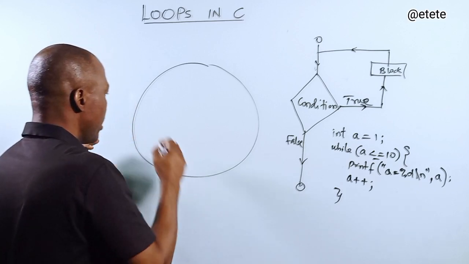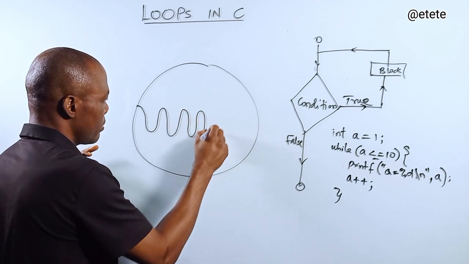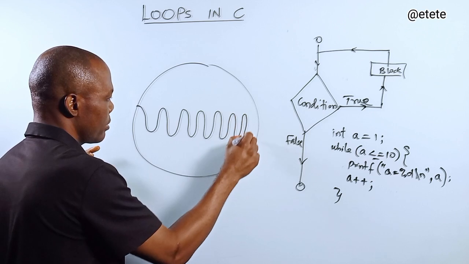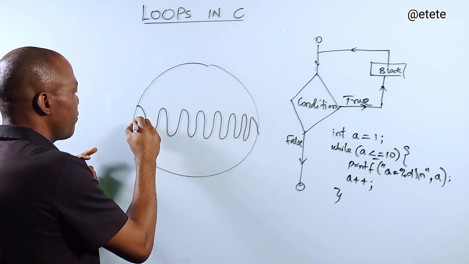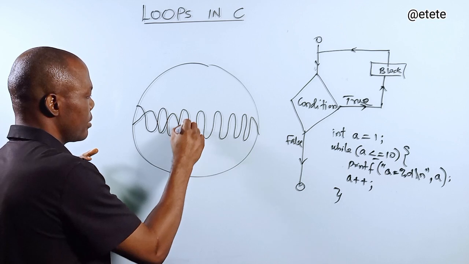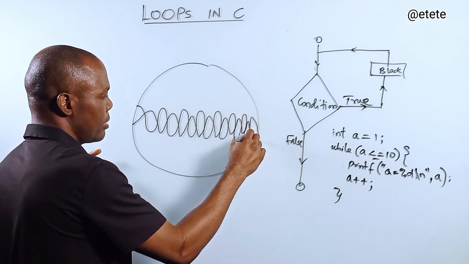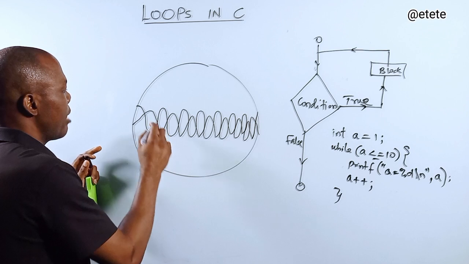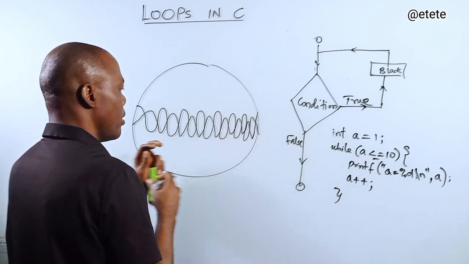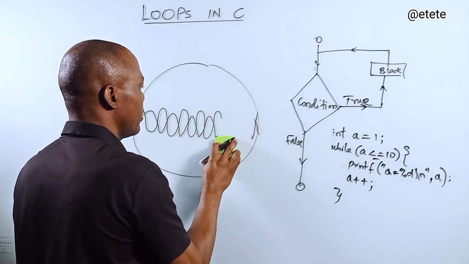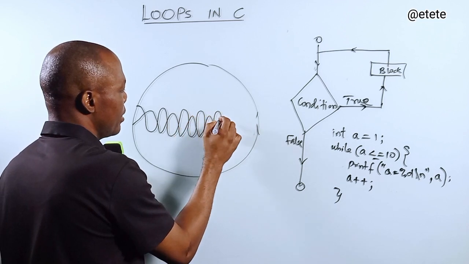And then you have something like this: 1, 2, 3, 4, 5, 6, 7, 8, 9, 10.